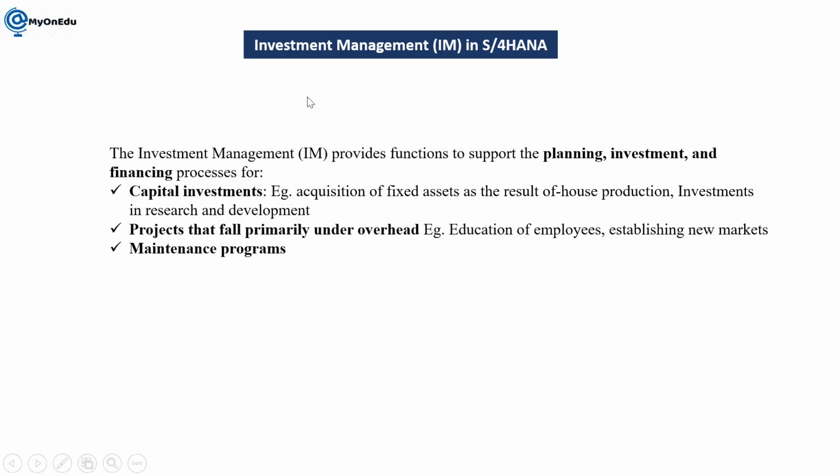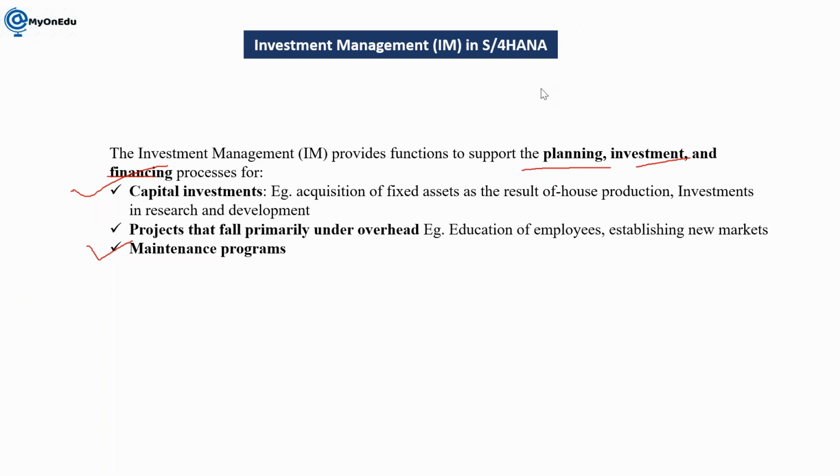This module helps us manage our projects from the planning perspective, investment and finance process, for capital investment projects and for maintenance programs or cost projects. Here it helps us manage and control the budget. To go into more detail, I'll share my previous recorded session. You can go through it and you will have more understanding in this area.